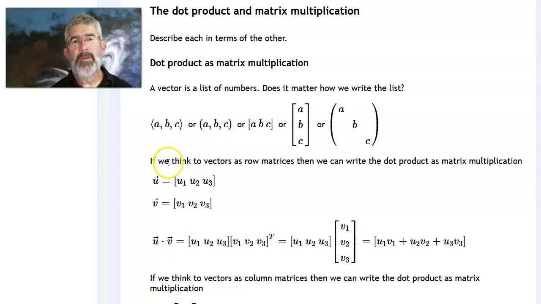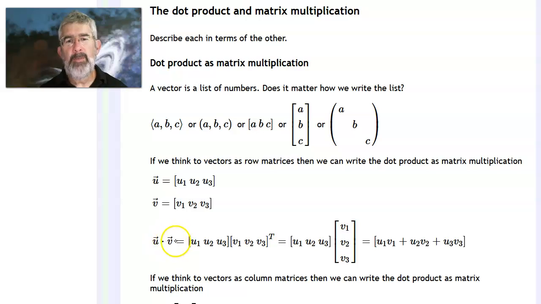So for instance, I'm going to think of two vectors here as row matrices. I'm choosing them in R3 just as an example, but you can do this in any Rn. So I've got u being u1, u2, u3 written as a single row matrix, and v1, v2, v3 also written as a row matrix.